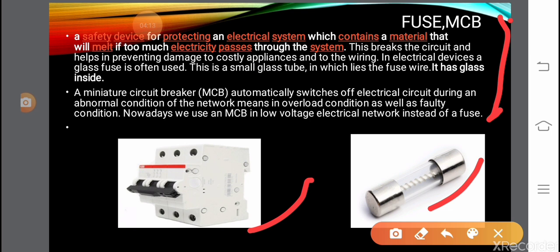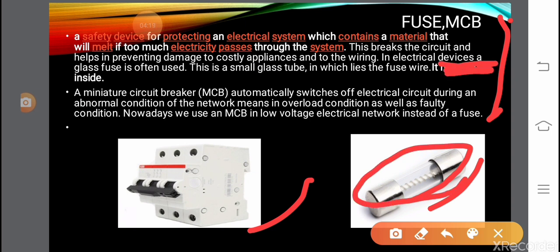It is made with such a material, and it's a glass tube, and there is a current limit set. For example, the current limit is 2500 amperes. It's an example.